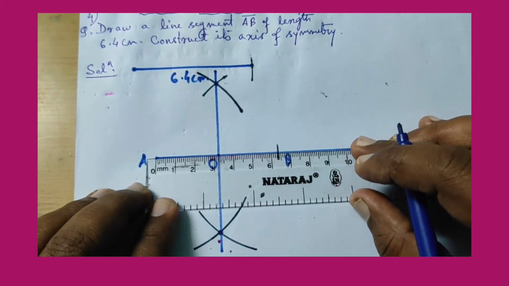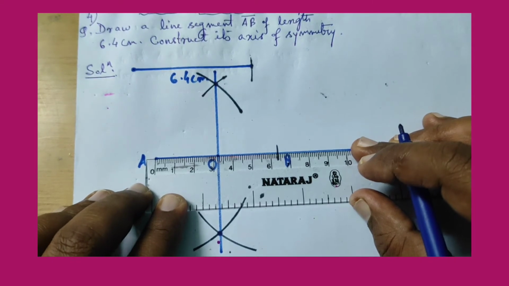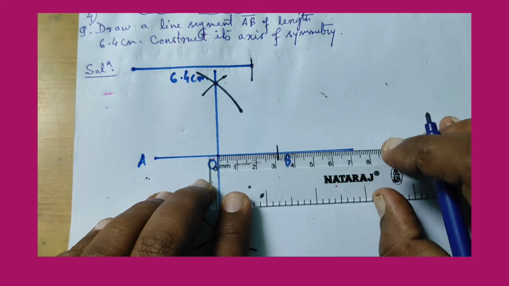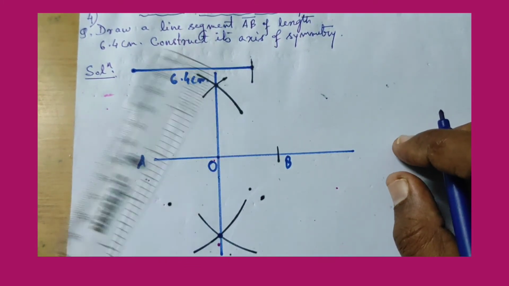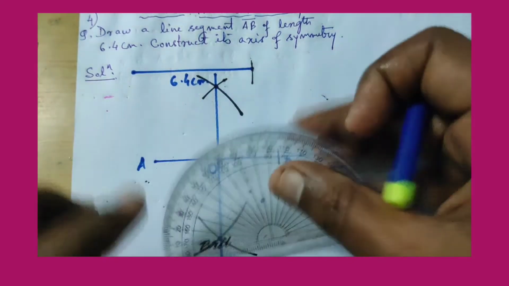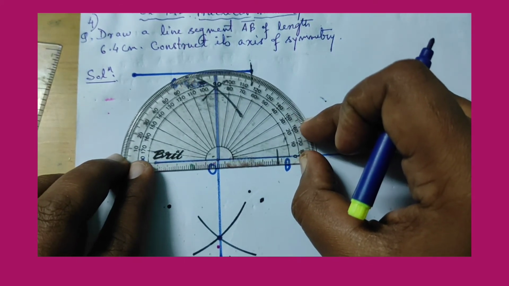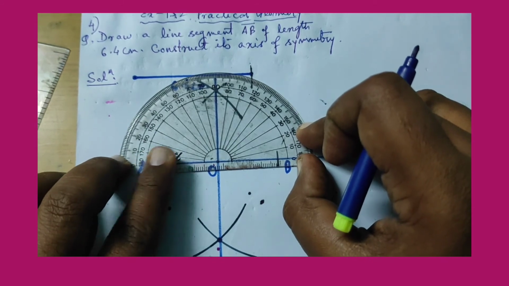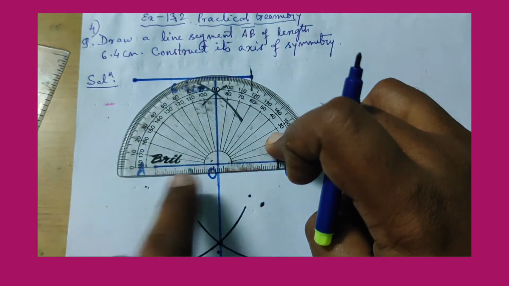Yes, you can see that it is 3.2 centimeter, and the measurement of OB is also 3.2 centimeter. So the length of AO is equal to the length of OB, and if you measure the angle at the point O, you can also see that this line is perpendicular to the line segment AB.